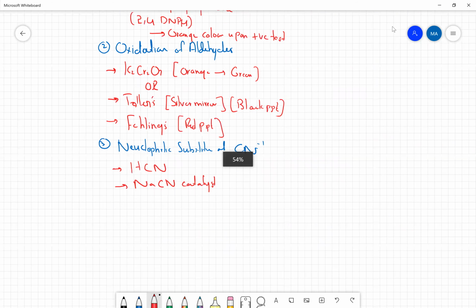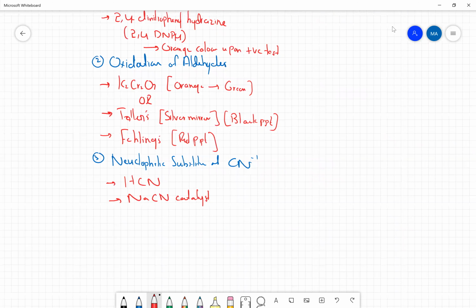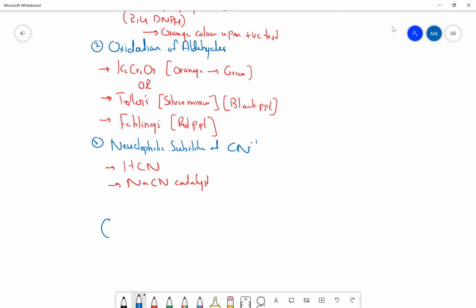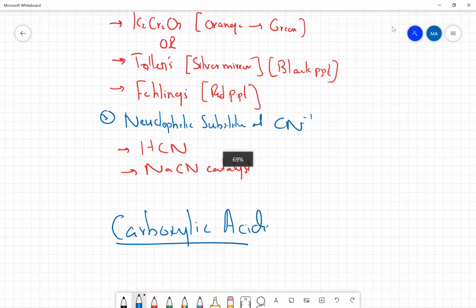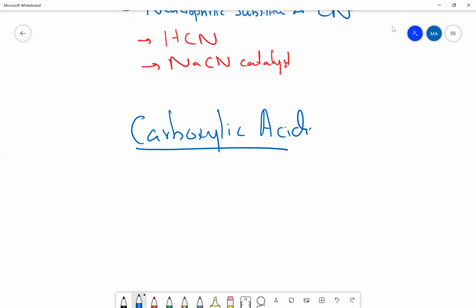And the last bit is the carboxylic acids. I'm going to give you time to copy these down at the end again. Carboxylic acids undergo this esterification reaction. It's also for the alcohols. So number one, the esterification, that is the reaction between alcohols and carboxylic acids.